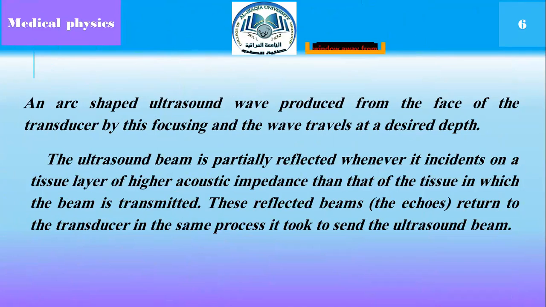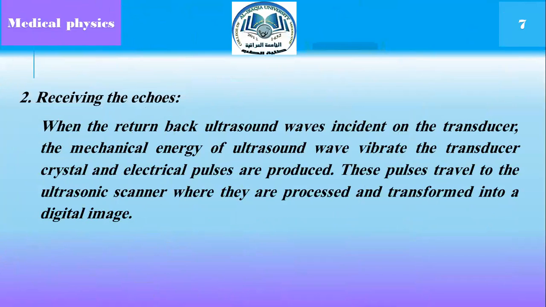The ultrasound beam is partially reflected whenever it is incident on a tissue layer of higher acoustic impedance than that of the tissue in which the beam is transmitted. These reflected beams return to the transducer in the same process it took to send the ultrasound beam.